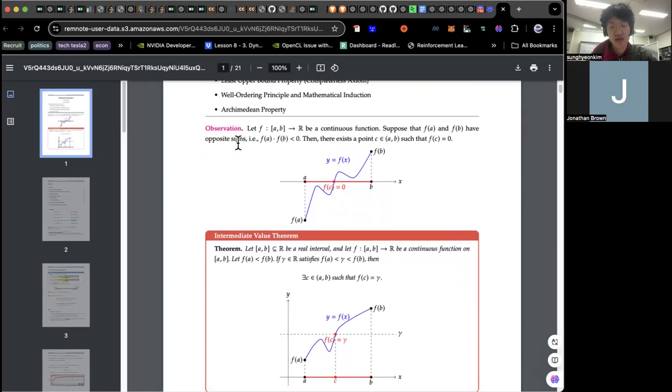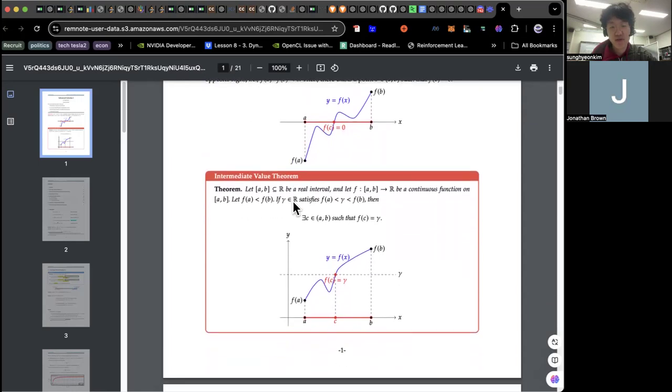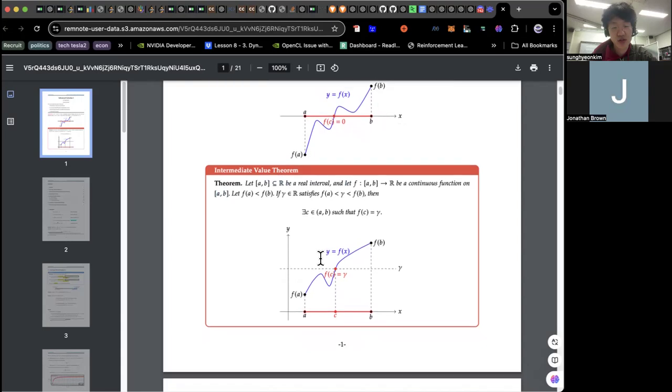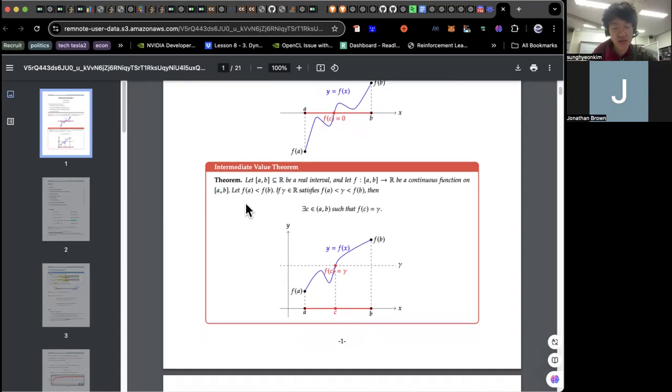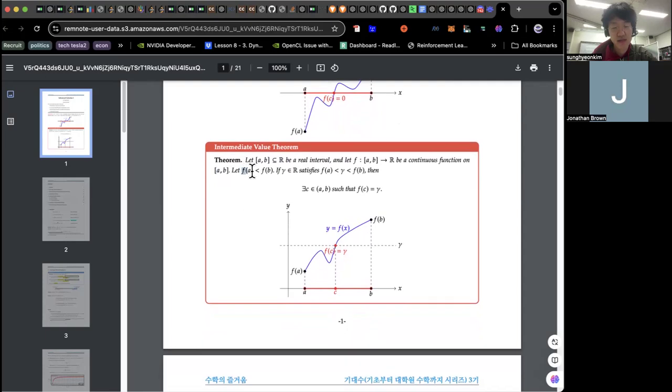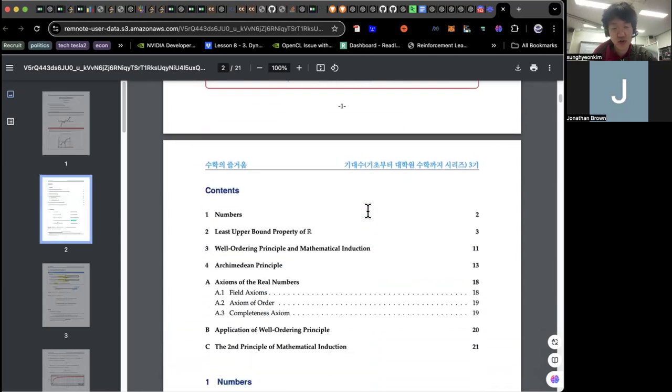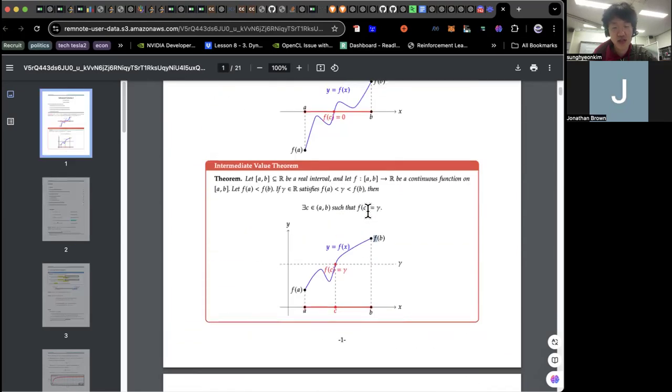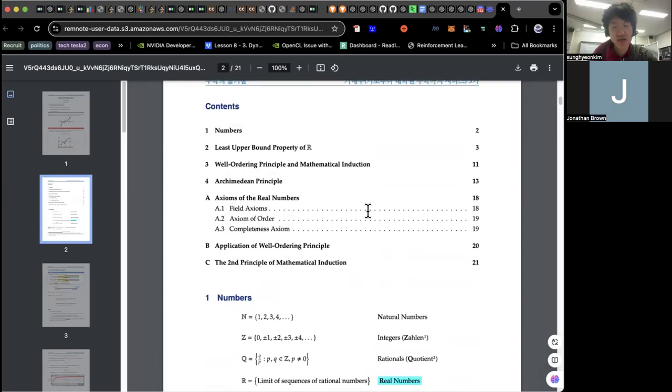The Intermediate Value Theorem comes first. Let f: [a, b] go to R, a continuous function on the real interval [a, b], and let's say f(b) is bigger than f(a). Then if r is some number between f(a) and f(b), there will be some c which satisfies f(c) equals r. This was the Intermediate Value Theorem. It is very intuitive.